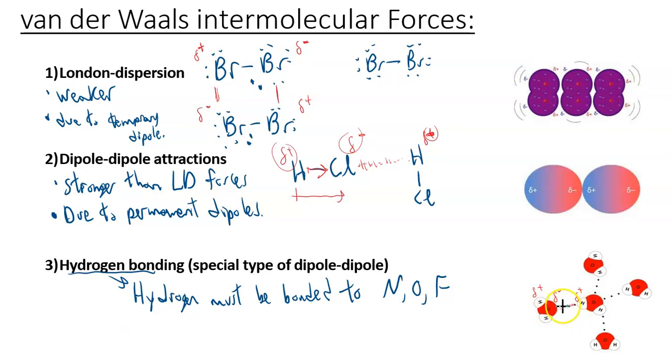So this is a dipole-dipole interaction. But because it's with hydrogen that's bonded to a nitrogen, oxygen, or fluorine, in this case it's an oxygen, it's a very strong dipole attraction. So it's a very strong intermolecular force.